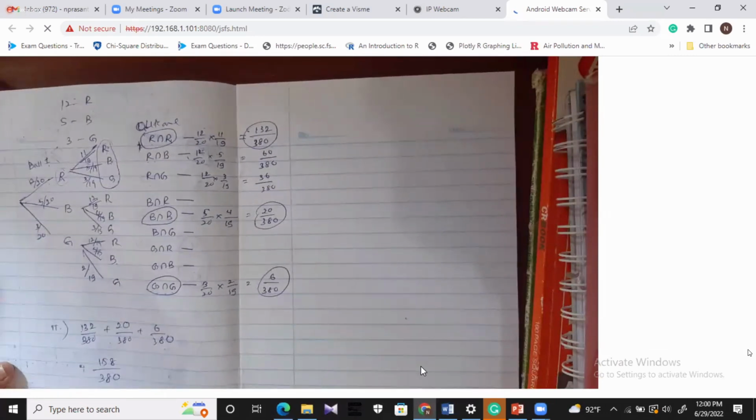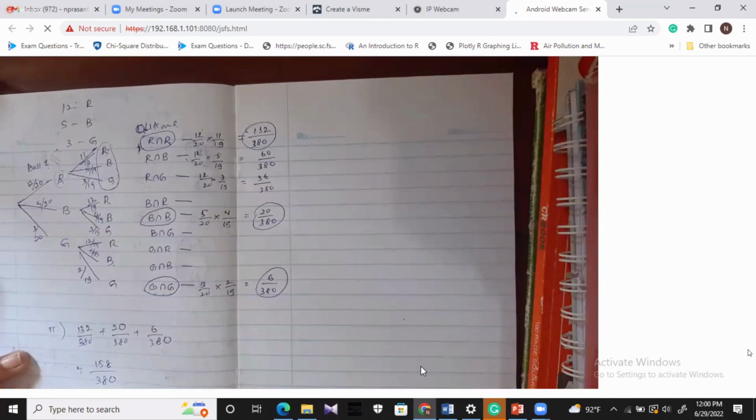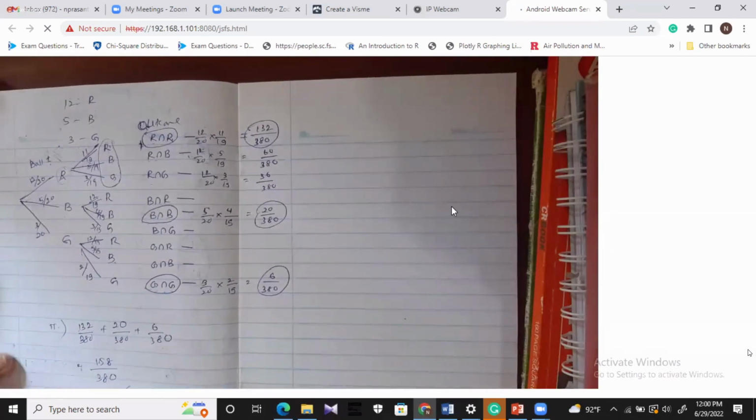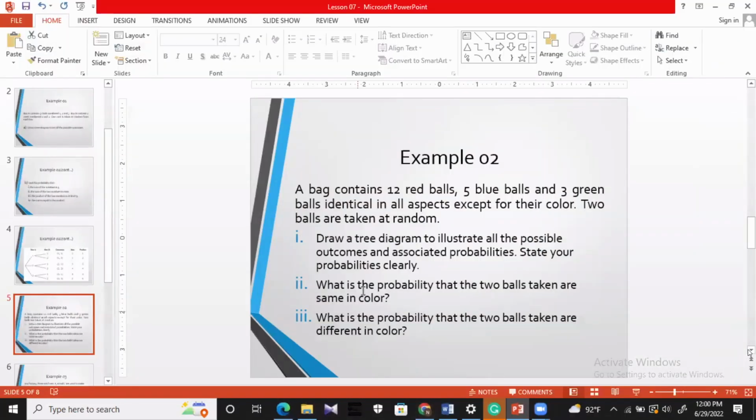Is that clear, guys? Yes or no? Yes, madam. Okay. The probability that the two balls taken are the same in color is 158 over 380.